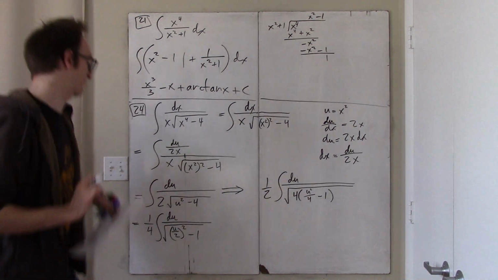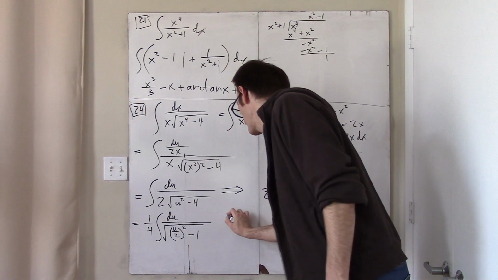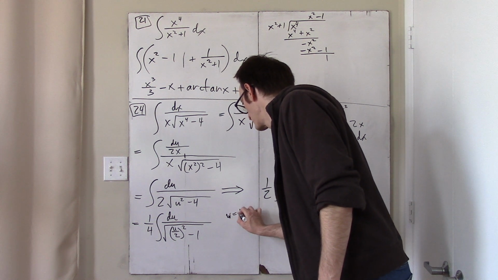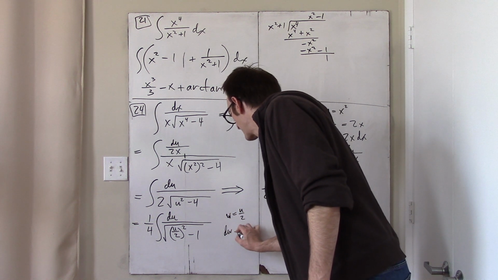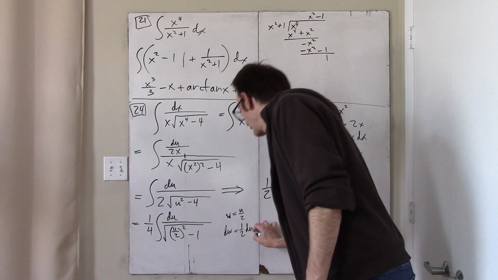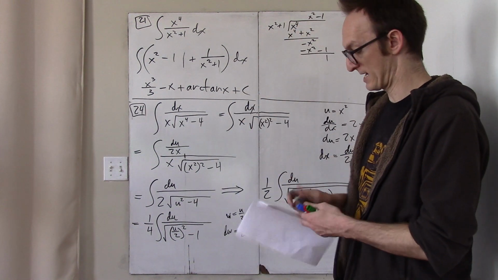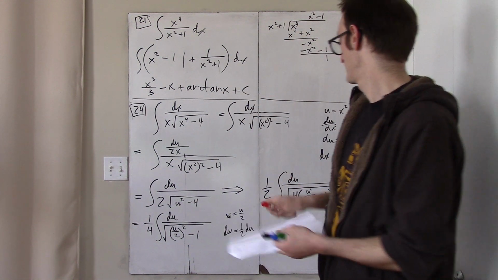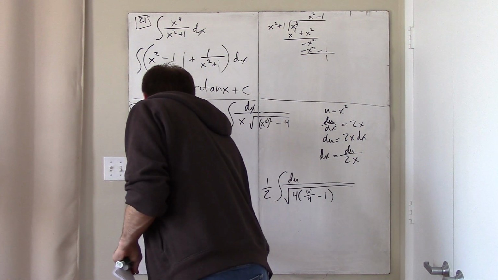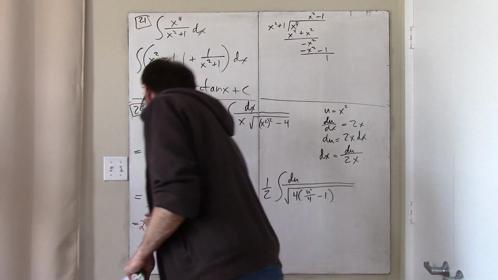And finally, I prepare one last substitution of w equals u over 2. dw is 1/2 du. So I stick in the 1/2 and undo the damage with a 2 on the outside.